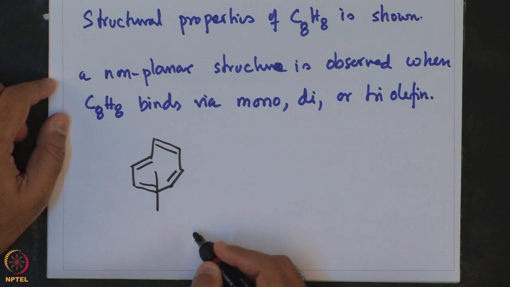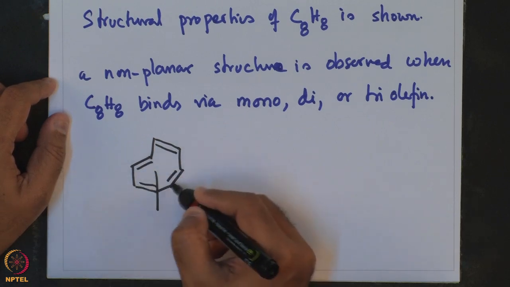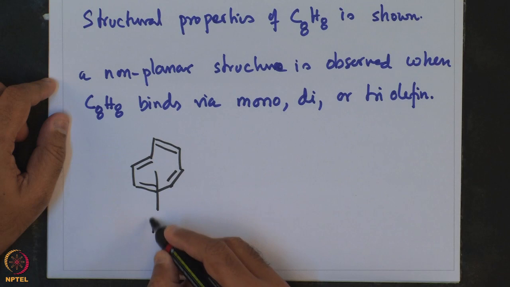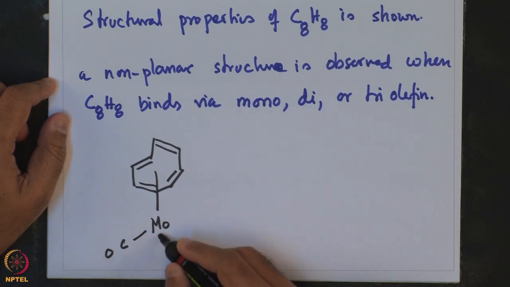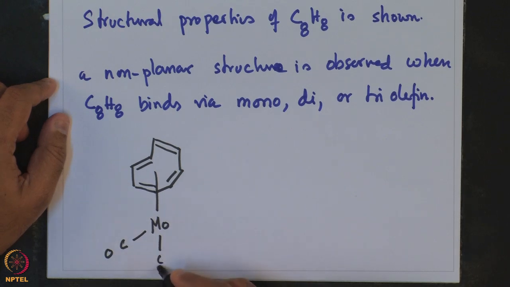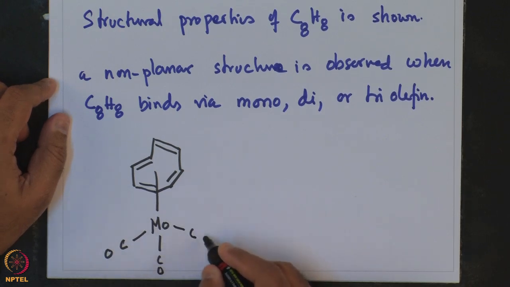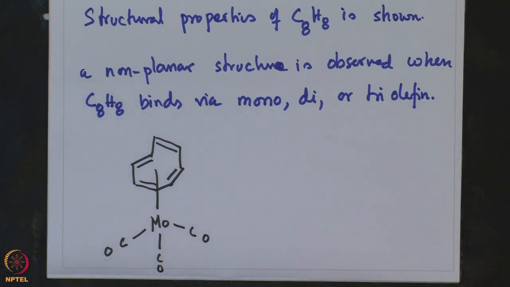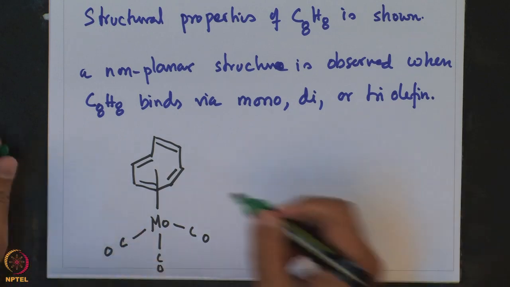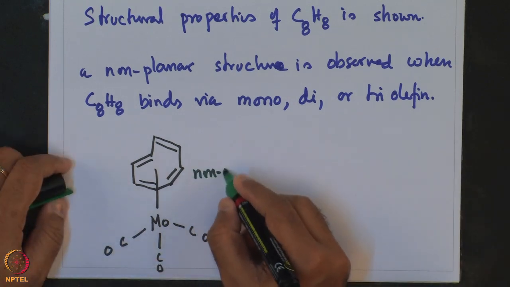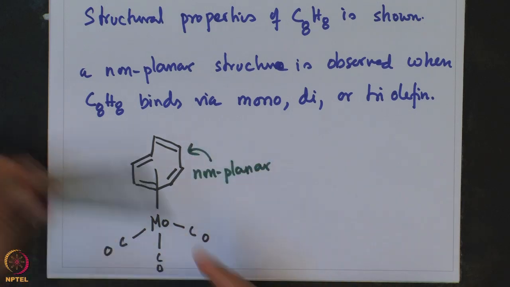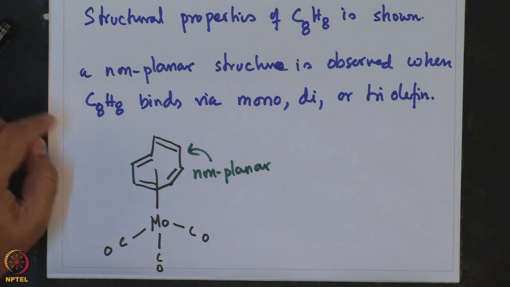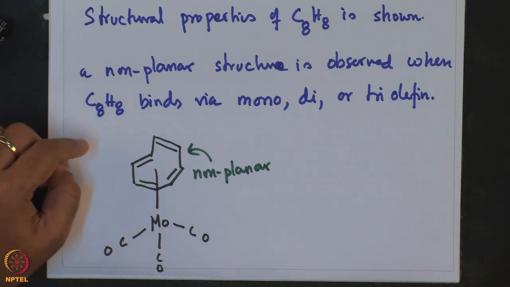This is bound in an eta 6 fashion to molybdenum, which in turn is bound to 3 carbonyls, and the structure of the C8H8 ligand is non-planar. And one can see the puckered structure of this complex.